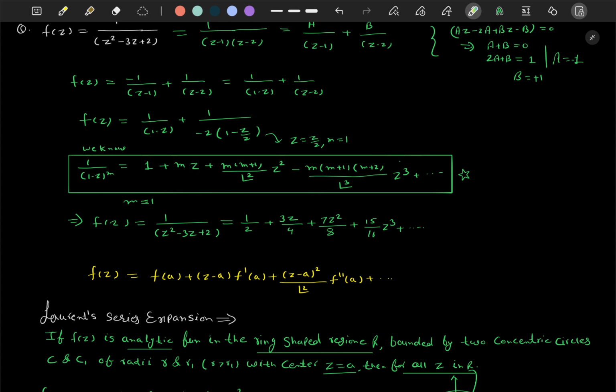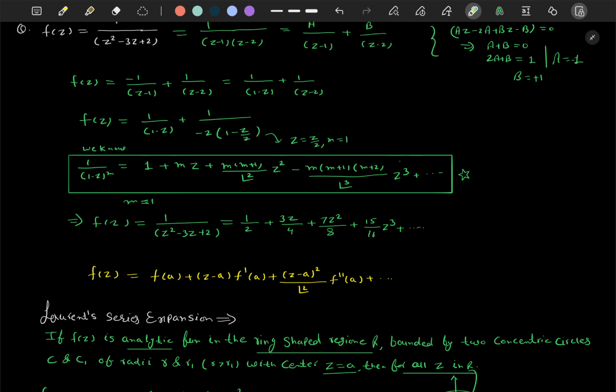And for this, put z equal to z by 2 here and m equal to 1, so what will you get? You will get 1 by 2 plus z by 4 plus z square by 8 and so on. So with the help of this formula you can solve this.